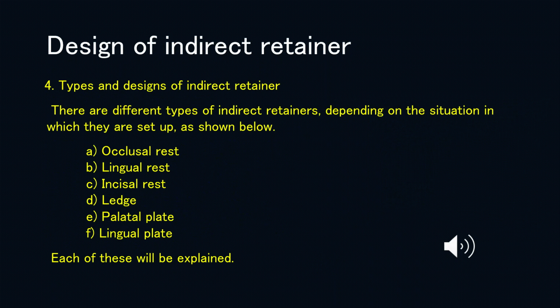4. Types and designs of indirect retainer. There are different types of indirect retainers, depending on the situation in which they are set up, as shown below. A. Occlusal rest.